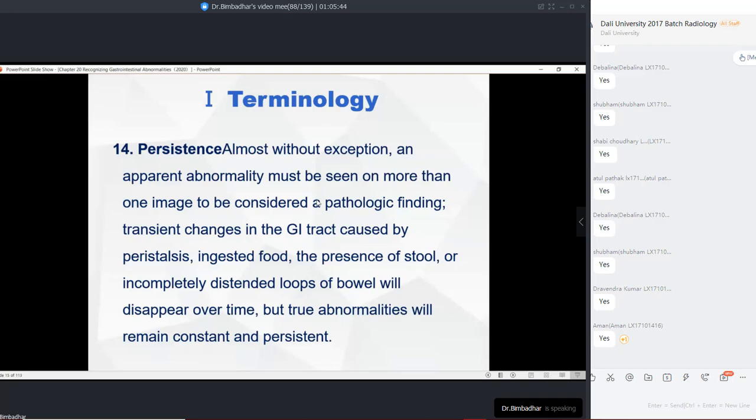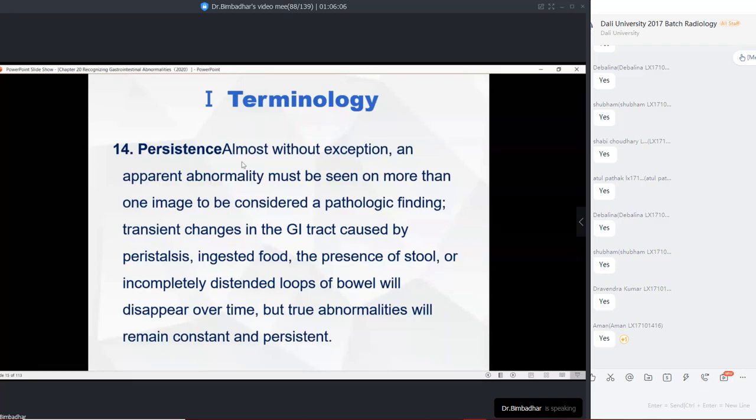If I'm looking at an ulcer, accurate information about the ulcer will be provided, because I am trying to understand which is normal and which is abnormal; a true abnormality remains constant and persistent no matter how I look at it. That is what persistence is.